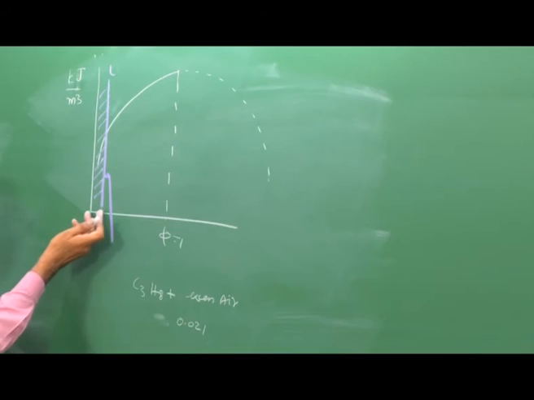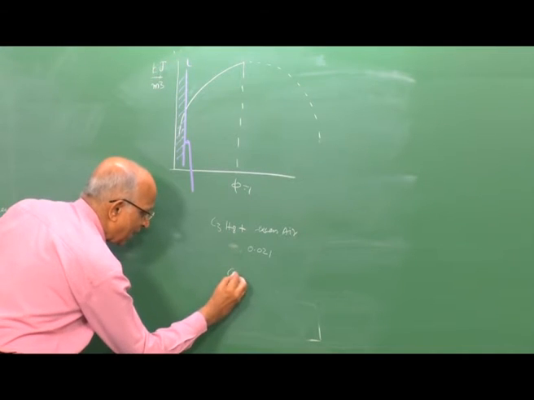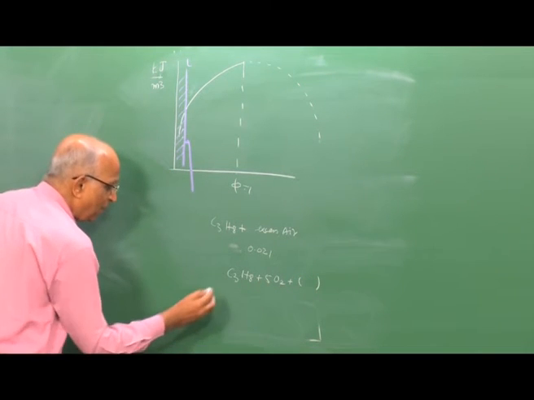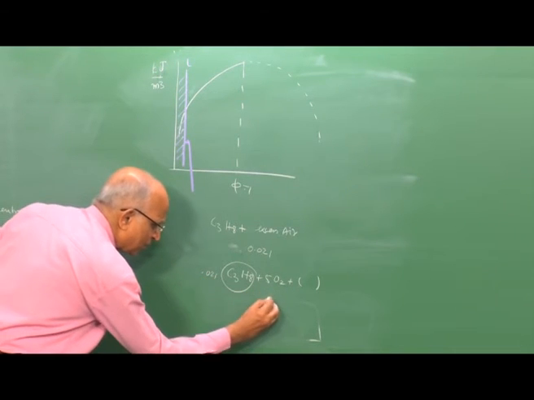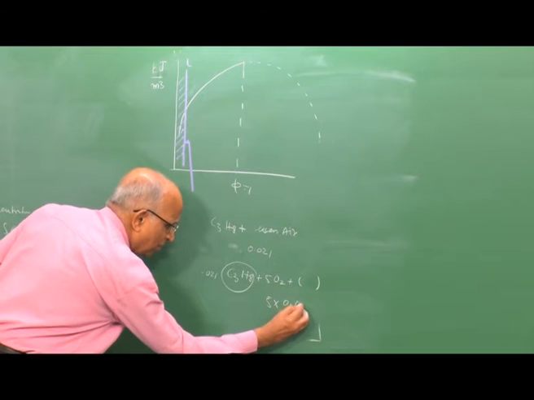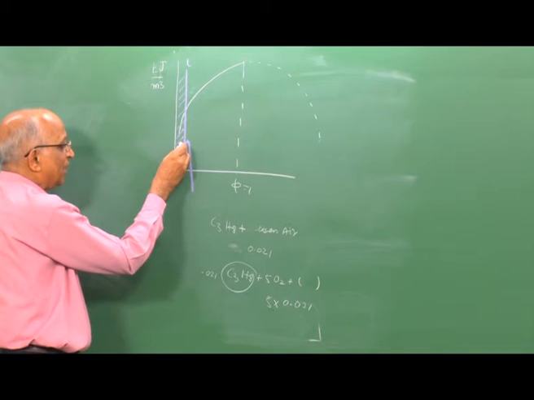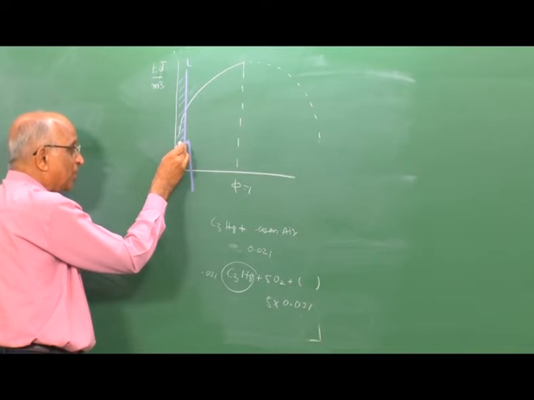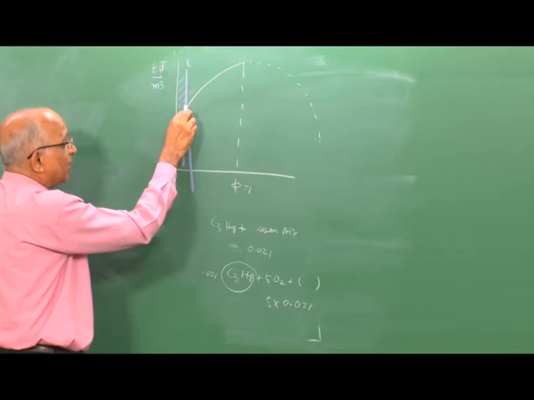If I express what oxygen is available, in this reaction I had C3H8 plus 5 of oxygen plus the nitrogen content. If my lean limit corresponds to 0.021 and my oxygen content is less than 5 into 0.021, what is going to happen? The heat generated is going to be less, as in a fuel rich mixture, and in this particular volume the heat generated is this itself.